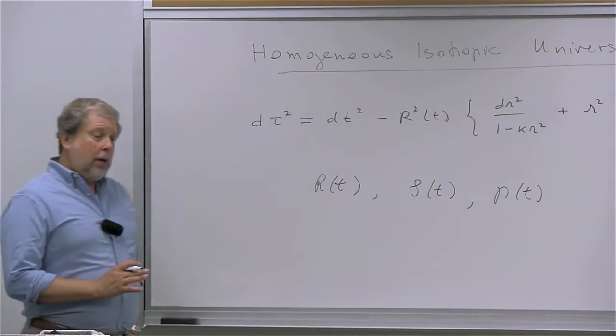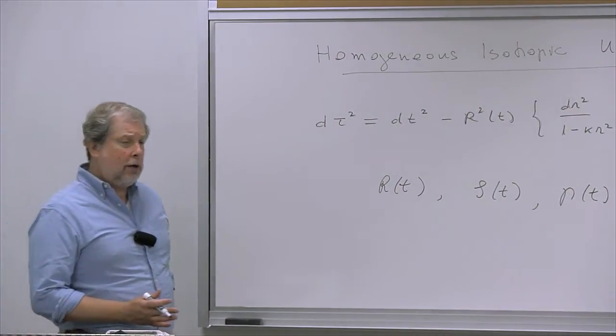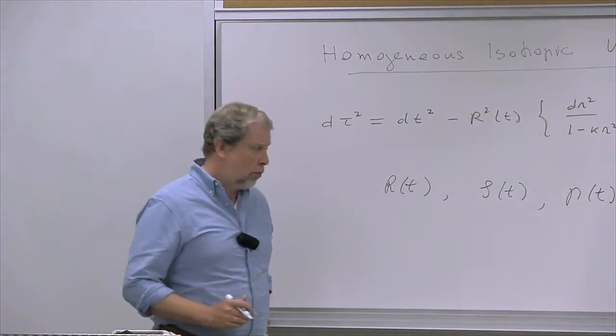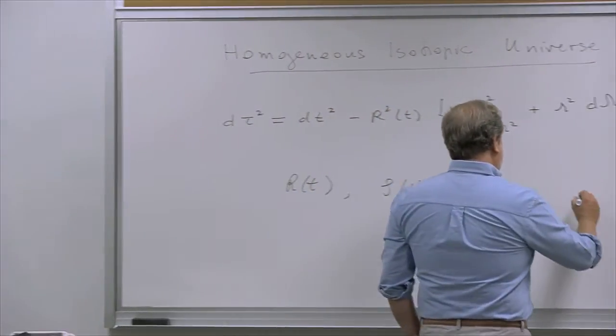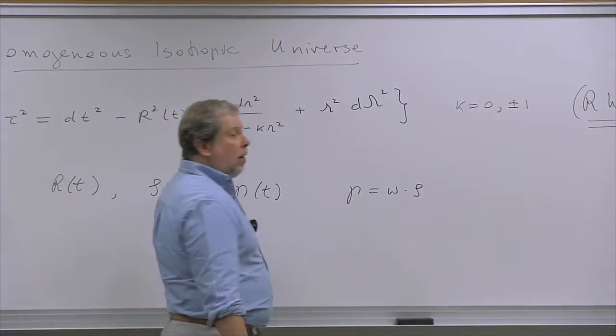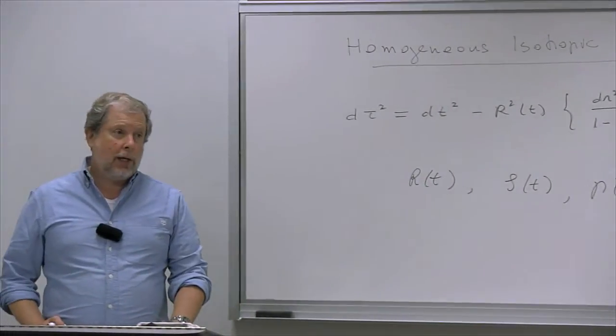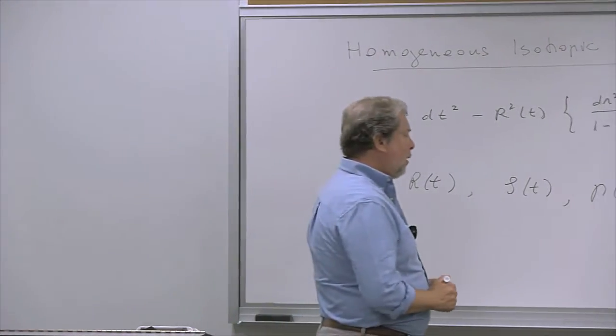And so we are going to end up with what look like 3 equations for 3 functions, but in fact it's just 2 equations for 2 functions, because generally the pressure P is some w times the rho. In other words, it is given by some equation of state, and we'll come back to that in a moment.